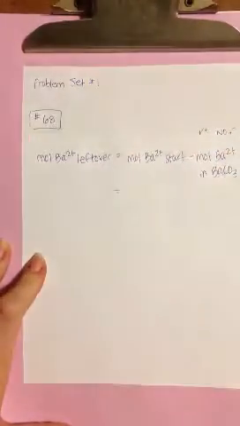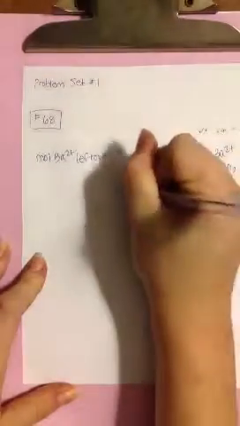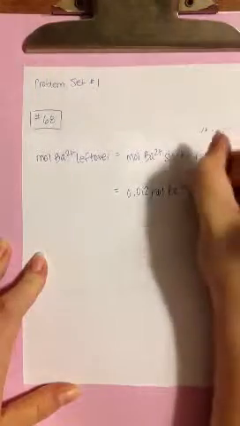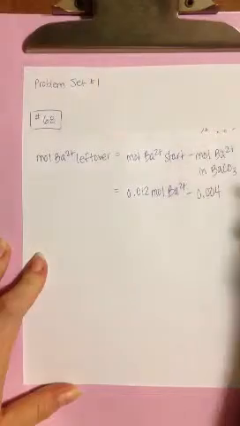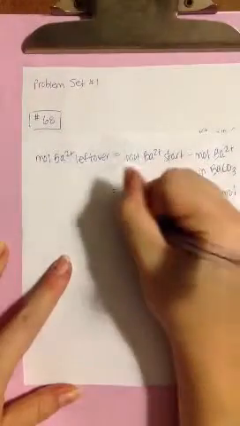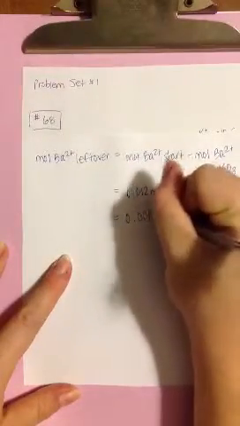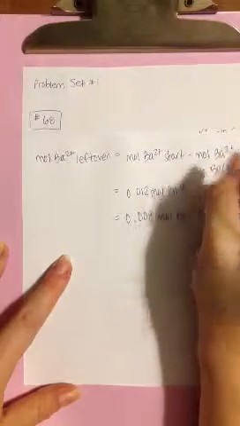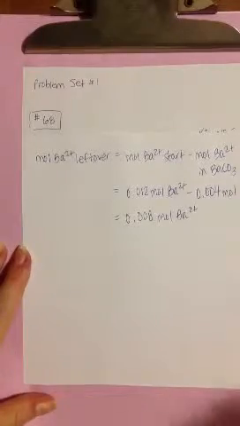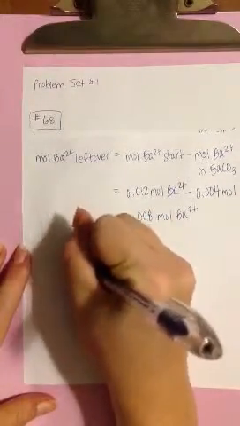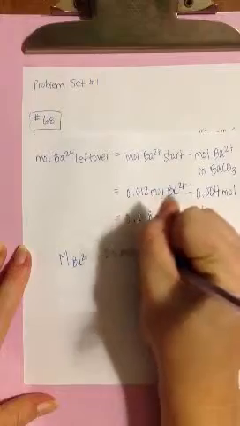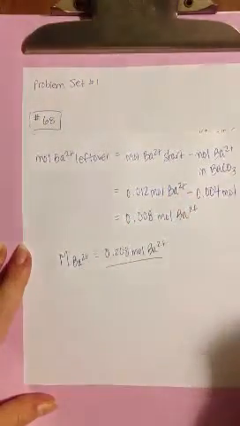So I know I started, if I peek back, I started with 0.012 moles of barium. And then I used up 0.004 moles. So when I do the math out, I get 0.008 moles of Ba2+ left. And it asks for concentration, which I measure in molarity. So if I find the molarity of Ba2+, I need to do the moles, 0.008 moles of barium ion, divided by the liters of solution.